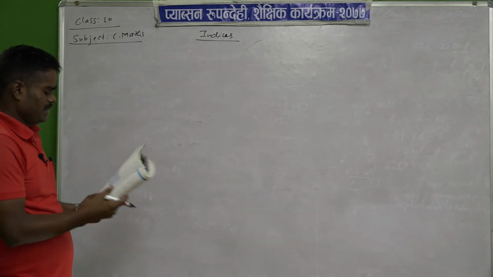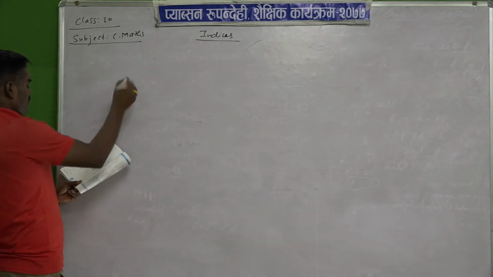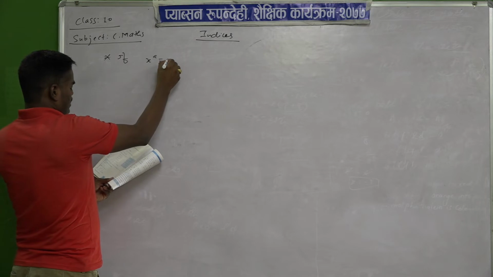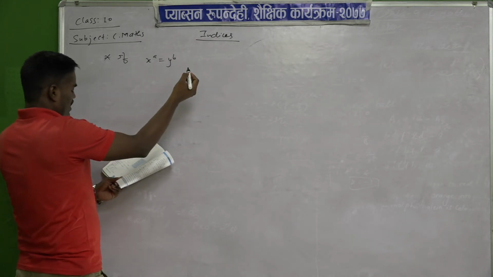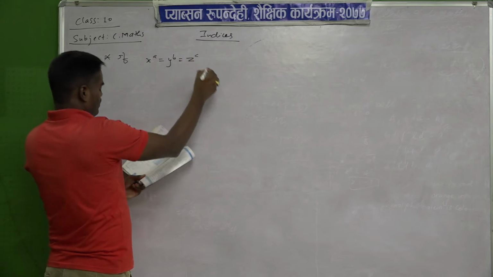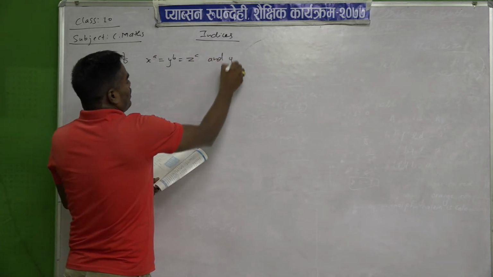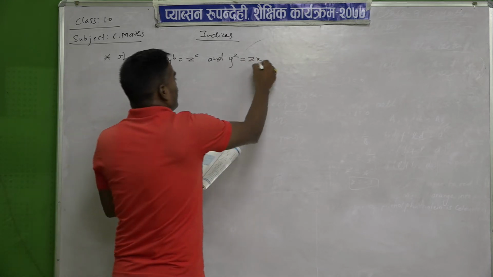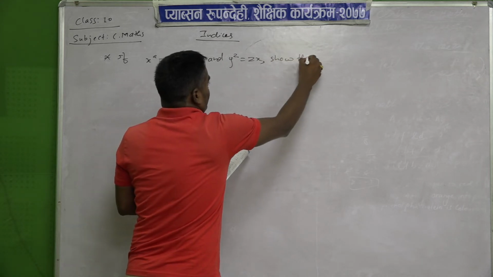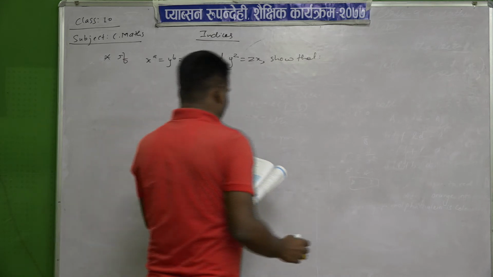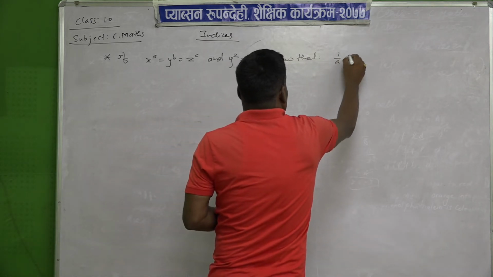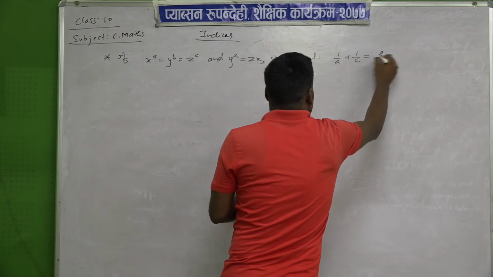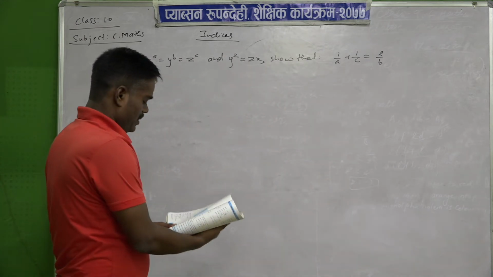And then next is given, next question: if x power a equal to y power b equal to z power c and y square equal to zx, and then after we have to prove that 1 by ac plus 1 by a plus 1 by c equal to 2 by b, 2 by b.